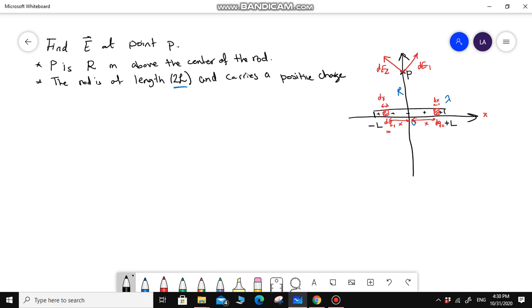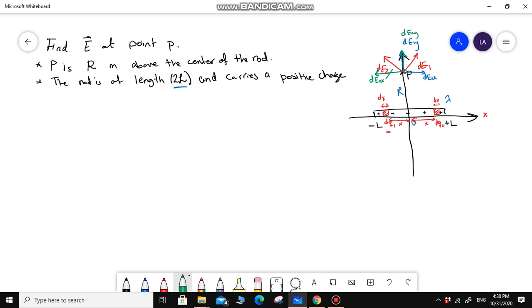Now we will check the resolving of these two vectors. dE1 will have a horizontal component or an x component and a vertical component, dE1y. Similarly, for dE2, it can be resolved to a component here, dE2x, and here dE2y.